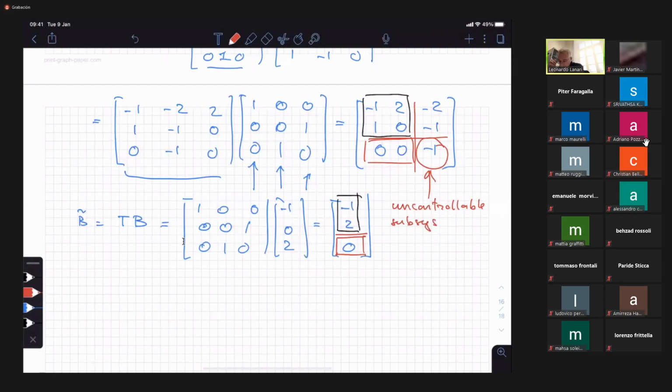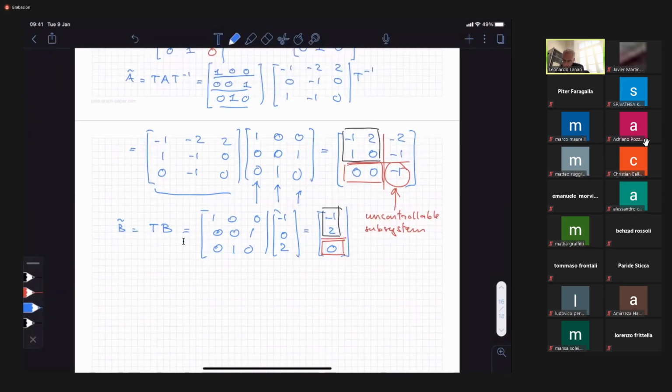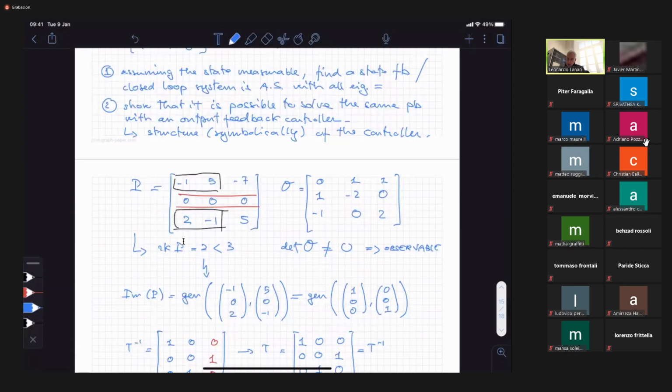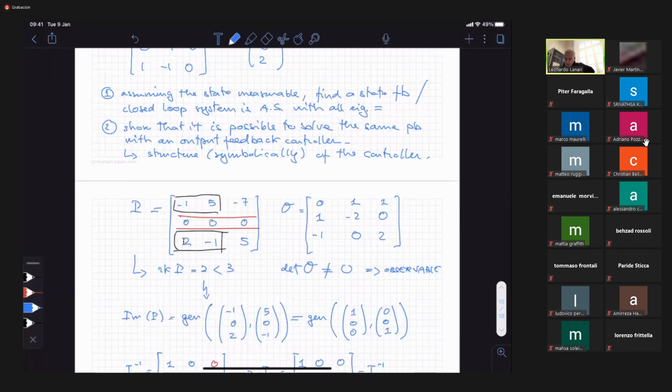Okay, let's now think we have a clear picture. Can we solve the problem? Can we make the closed loop asymptotically stable with all the eigenvalues coinciding?